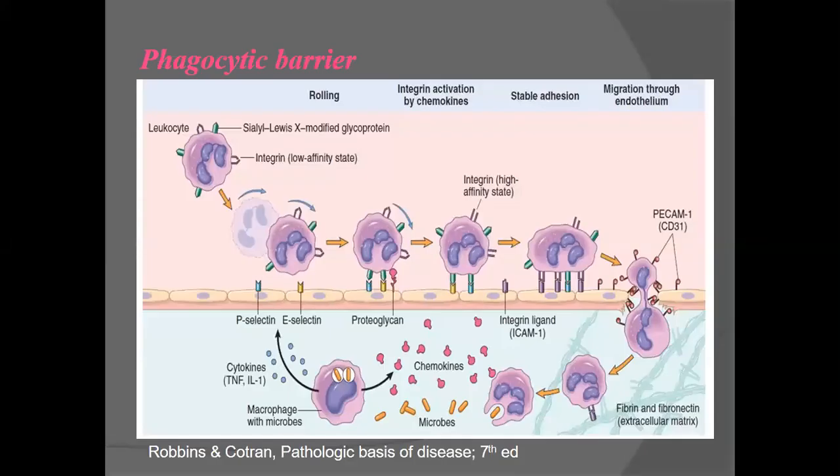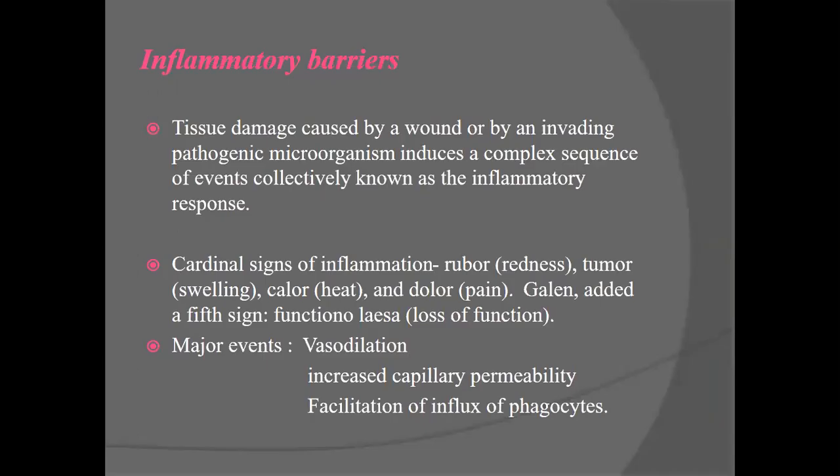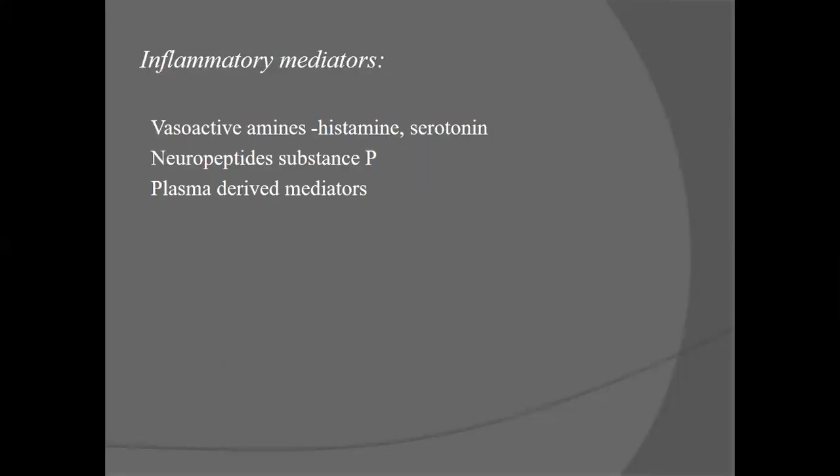You have a physiologic barrier. Then you have a phagocytic barrier, where there will be phagocytosis by macrophages, monocytes, engulfment, phagolysosome, killing. Vasoactive amines, neuropeptides.